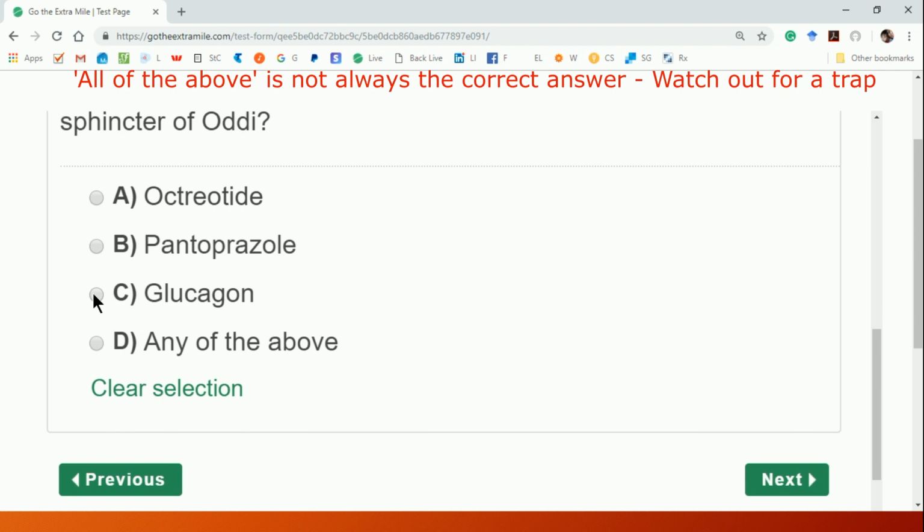I am not sure if pantoprazole and octreotide can be used, so I am thinking maybe they are useful as well. It's just that I don't know about it. I don't know a lot of things, and perhaps this is one of them. So I am going to take a guess and click on any one of them, and let's see how I go.